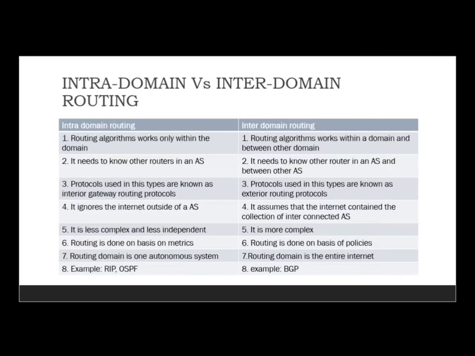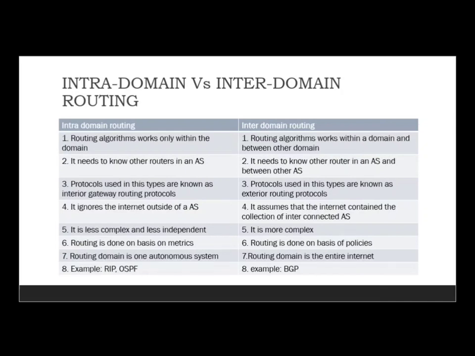Intradomain routing works only within a domain, and routes information only within a domain. Interdomain routing works within a domain and between other domains also. Intradomain routing needs to know other routers in the autonomous system, and interdomain routing needs to know other routers in an autonomous system and between other autonomous systems.